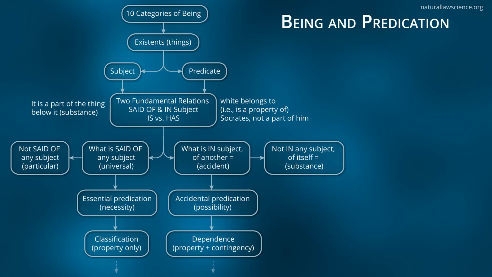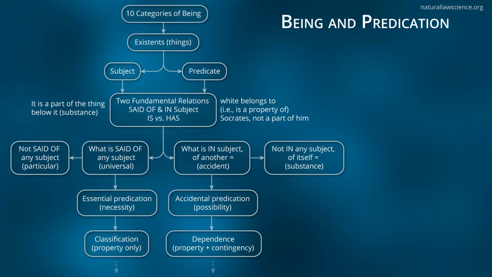So we have the subject and the predicate. The subject and the predicate are two fundamental relations when we're talking about being, things that exist. There's two types. There's things that are said of other things, and there's things that are in other things. So there's said of a subject, and then there's in a subject.